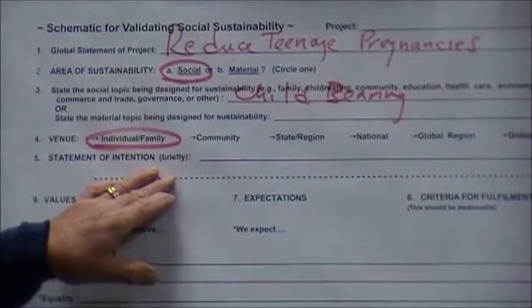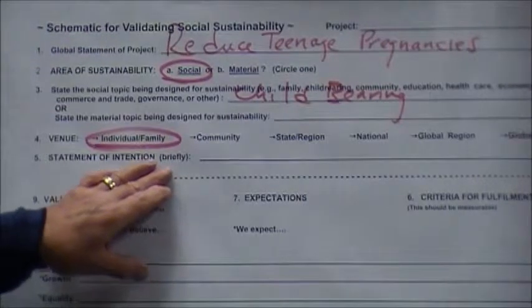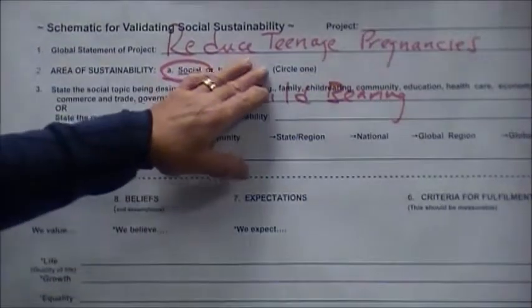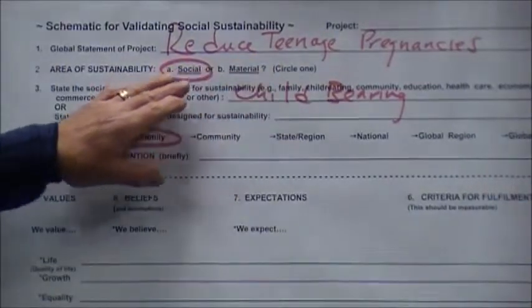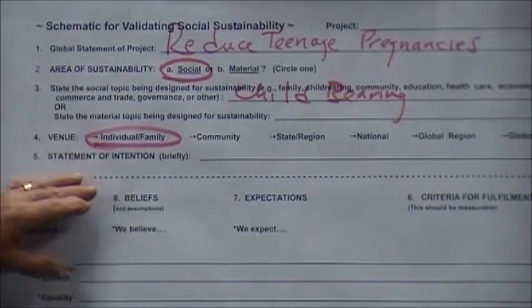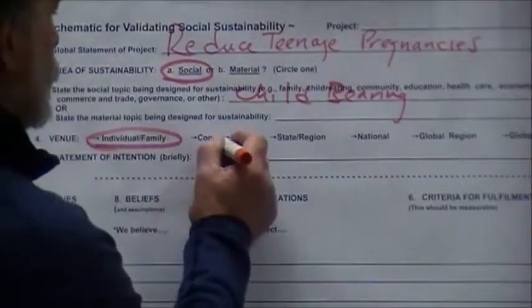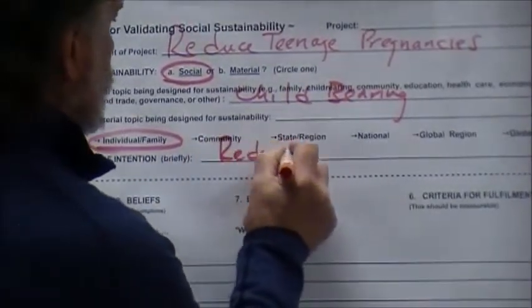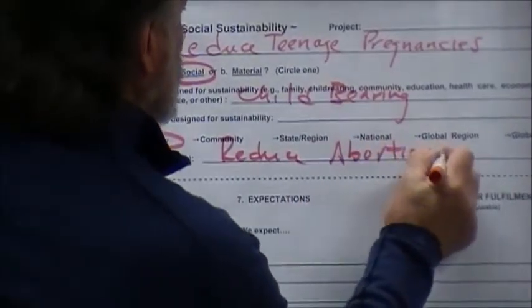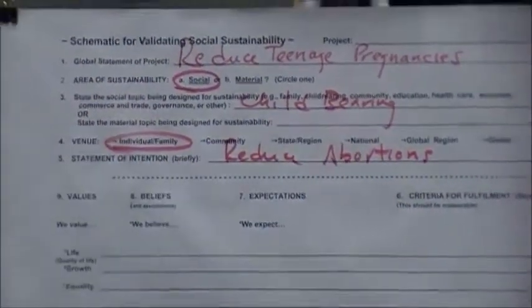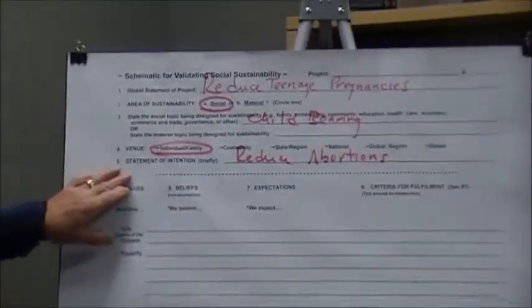Statement of intention. This is very important because why are we doing this? Yes, we want to reduce teenage pregnancies, but there's another reason that we want to be involved in this, and that is to reduce abortions. So we finished number 5.